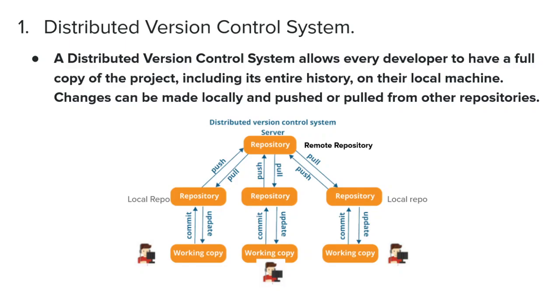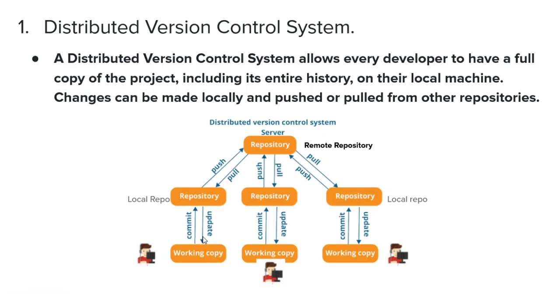In the last lesson, we already saw in detail how the flow works. So in a distributed version control system, every developer, whoever is writing the code, it can be a developer or a tester, maintains a local copy in their workspace. Workspace means the working copy, where they will actually write and modify the code.